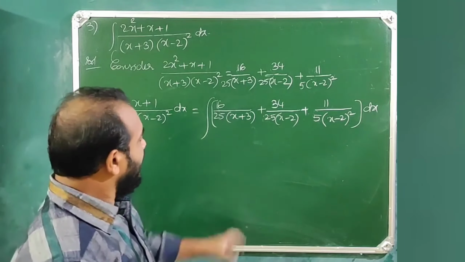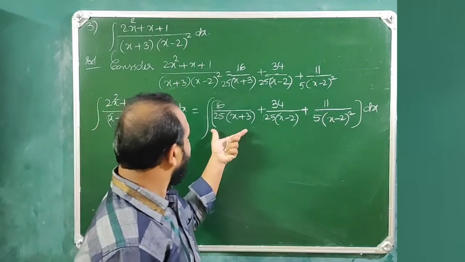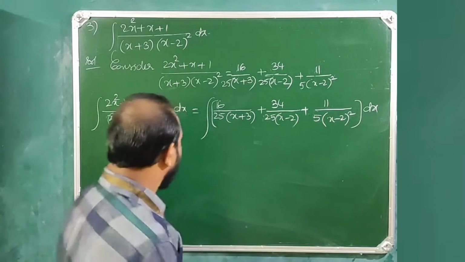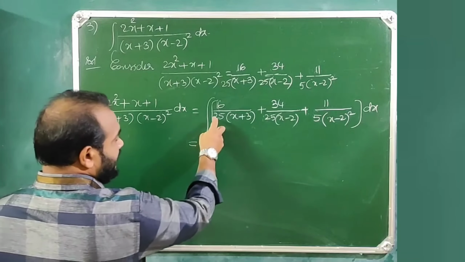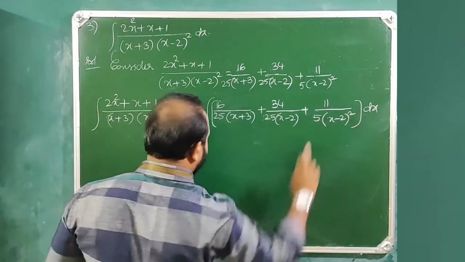So let us distribute the integral dx to each of these. Then we'll get integral of 16/25 × 1/(x + 3) dx.